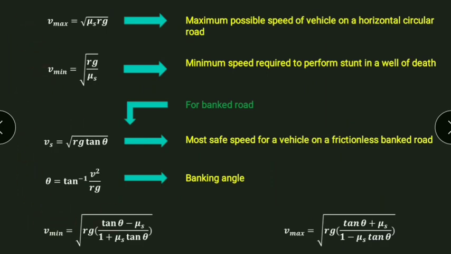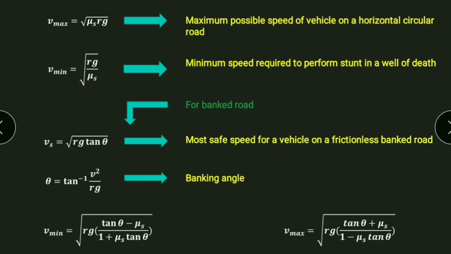Here are some more formulas that we already studied. V max equals square root of mu_s rg, for maximum possible speed of vehicle on a horizontal circular road. Here V minimum equals square root of rg upon mu_s, minimum speed required to perform stunt in a well of death.